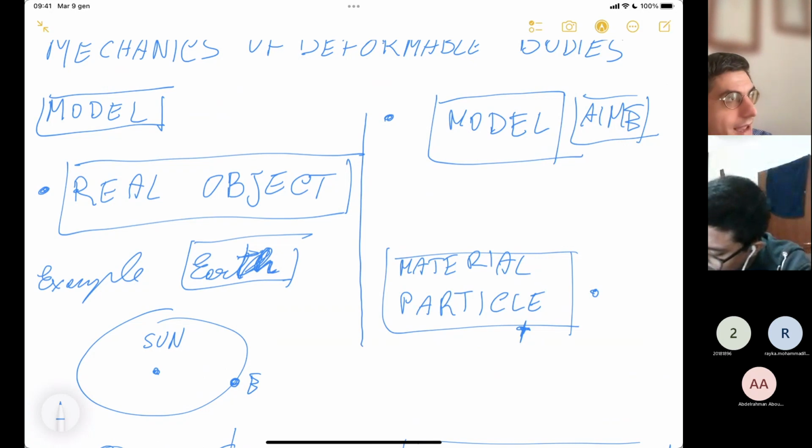I underline some aspect, some outcome, not all. So, depending on the phenomenon that you want to consider, you can decide what is the important outcome. And the idea is that your model is able to predict this outcome.